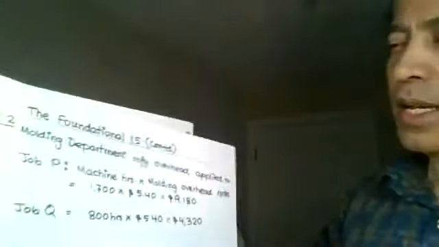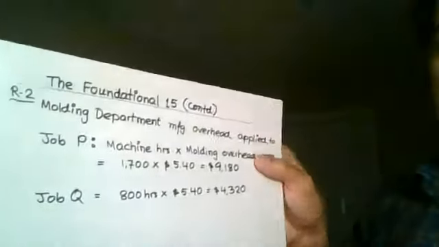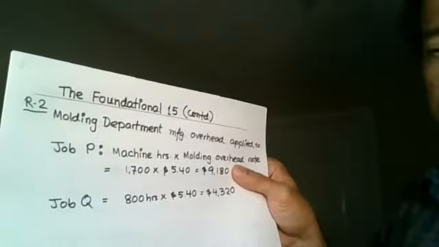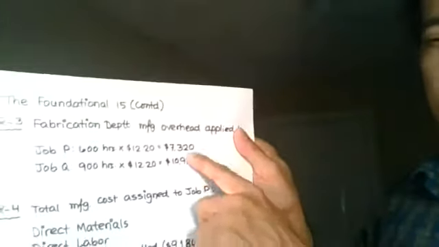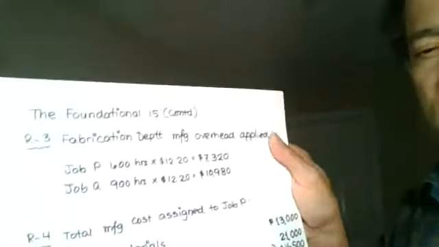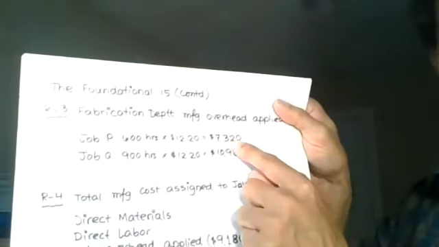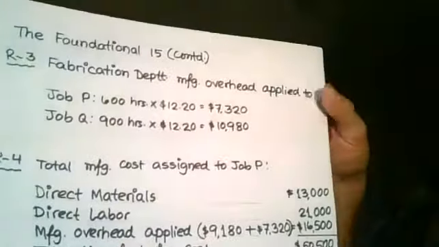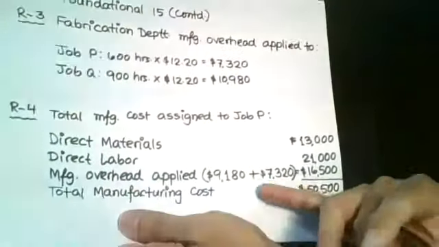So P had $9,180 from the molding department, and $7,320 from the fabrication department. So the two together, I've added them here.